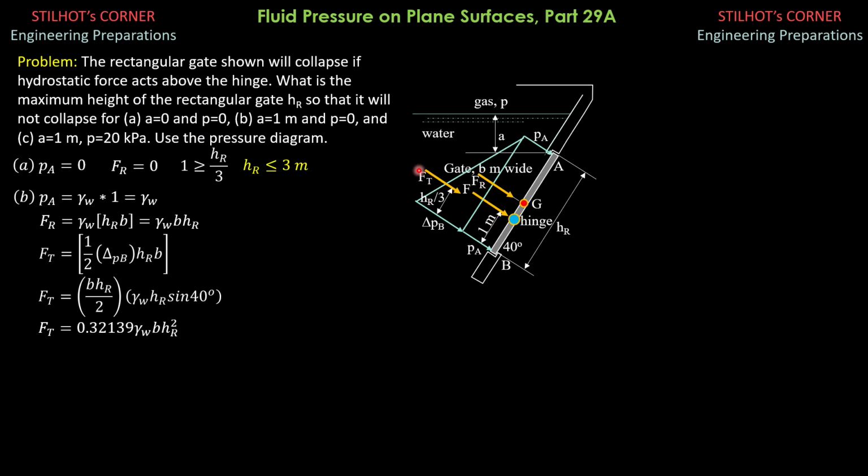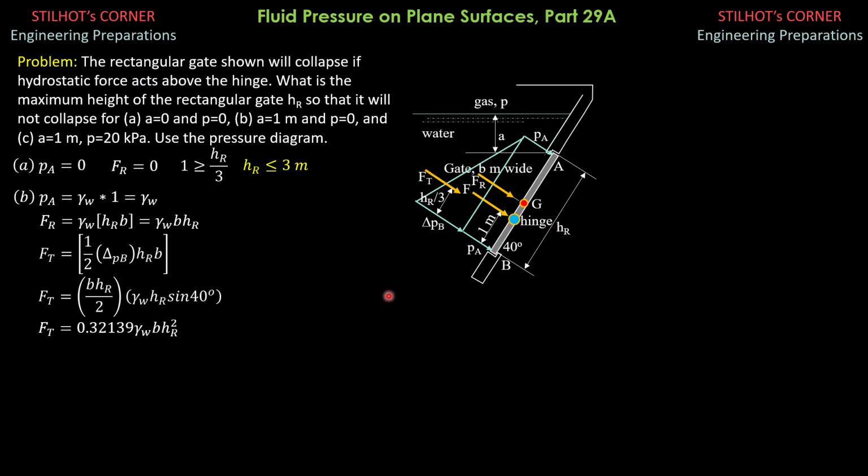By the way, the moment arm of Ft is 1 meter minus HR over 3, while the moment arm of Fr is, because distance from bottom to G is HR over 2, so it is HR over 2 minus 1, the moment arm of Fr.